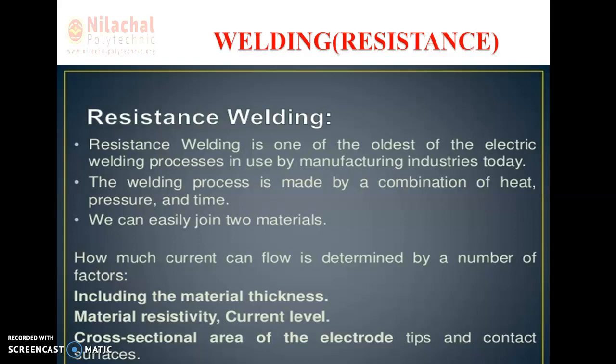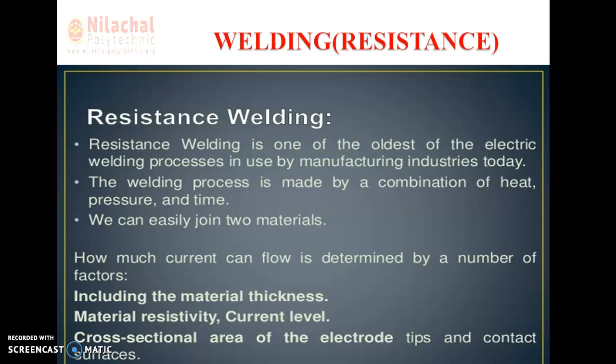How much current can flow is determined by a number of factors. That means we are discussing the current. What are the factors? They include the material thickness, that means the thickness of the material we want to join.